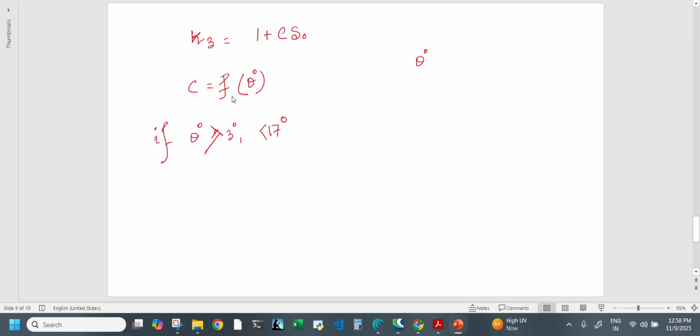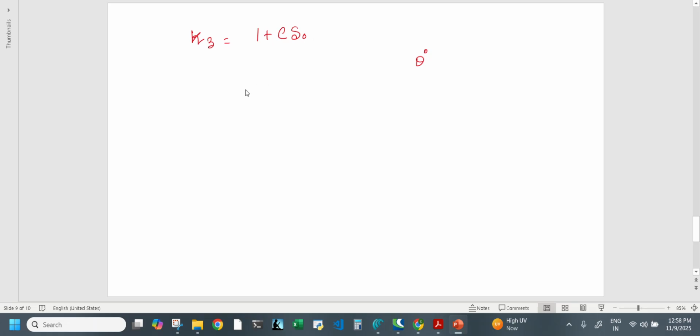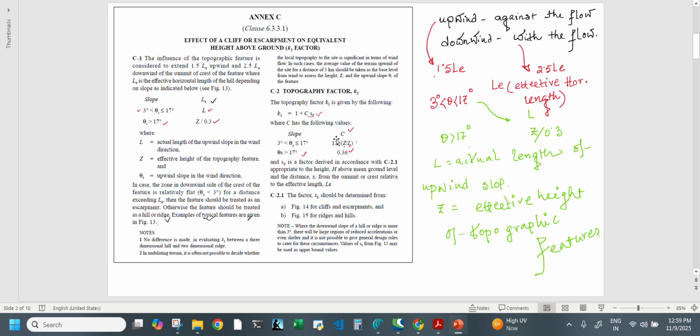Actually, I have written it wrong. The C value is actually a function of theta degree, L and Z. As I can see, Z, L and theta.